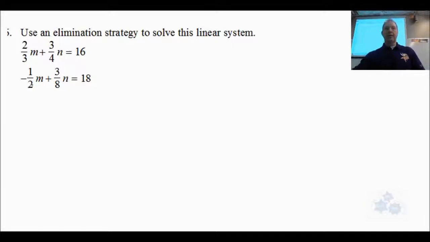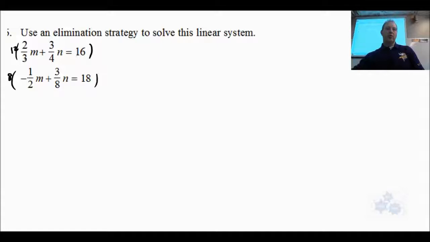We can, but it's a good idea to try and get rid of the fractions so you deal with whole number coefficients. It's usually a bit easier. If you don't mind adding fractions, that's fine. But I would suggest you get rid of these fractions by doing one simple multiplication at the beginning, by 12 here, and by 8 here. Now why 8 over here? Because 8 is a multiple of 2 and a multiple of 8. That's the lowest one, so you're going to get the lowest numbers.